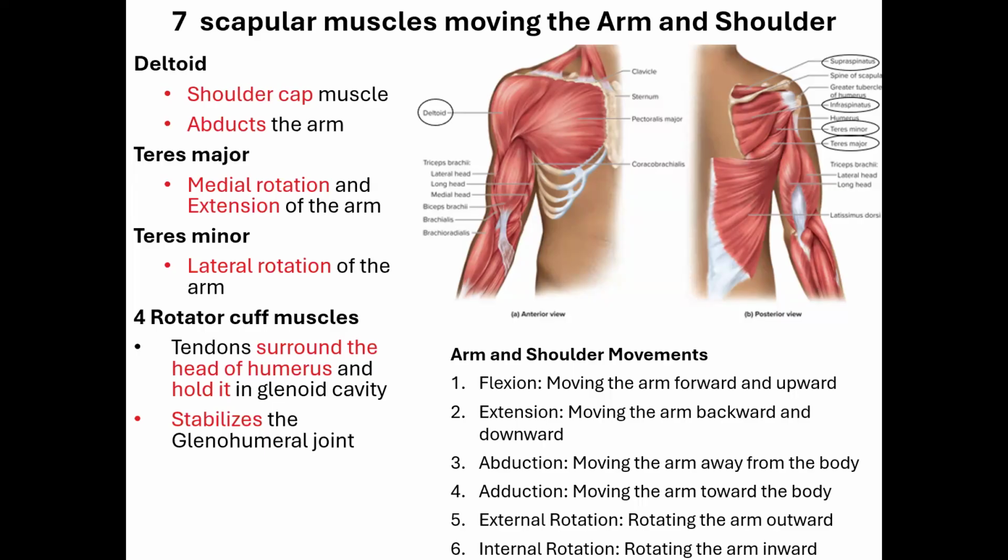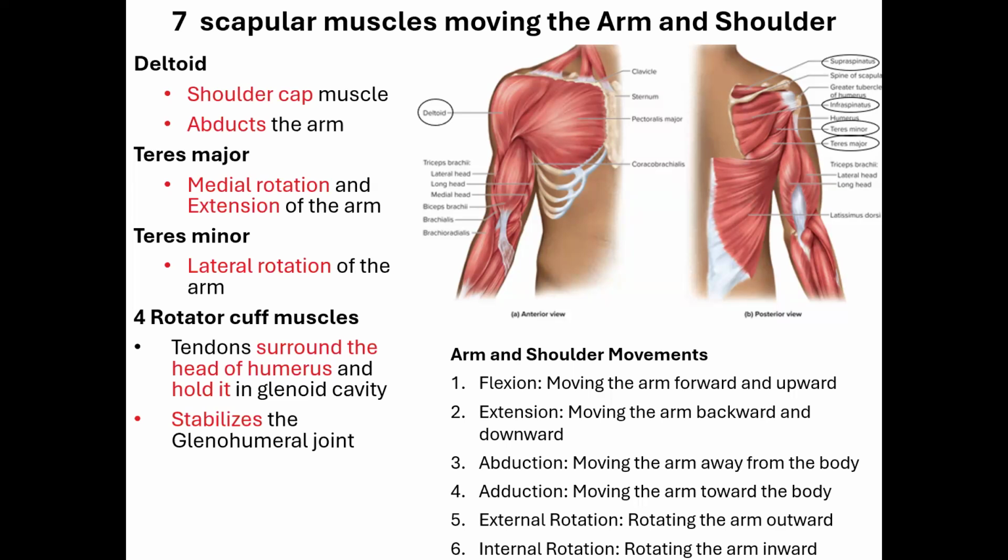You must have heard somebody had a rotator cuff injury. Yeah, that's very common. So what happens there, I told you about this joint here. What is this joint here called? The glenohumeral joint, because there's a glenoid fossa in the scapula, and the head of the humerus fits into it.